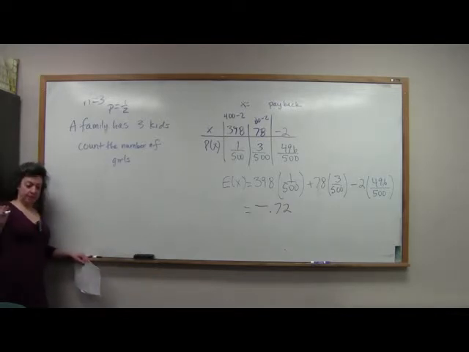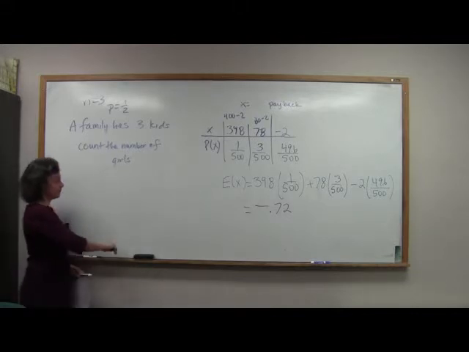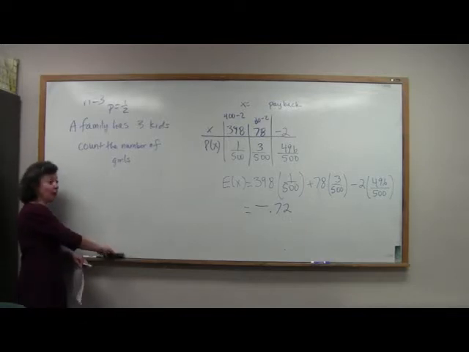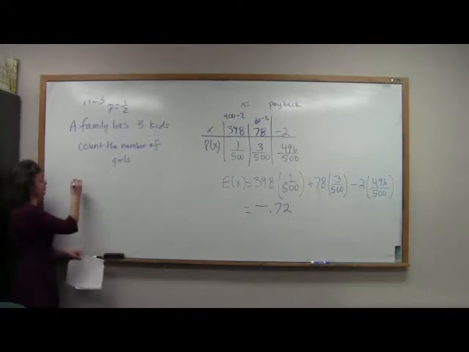And number 3, each trial is independent. This is a broad generalization, I will grant you that, but in general the gender of one child is independent of the gender of your next child. So I claim that we can do this using our binomial distribution.